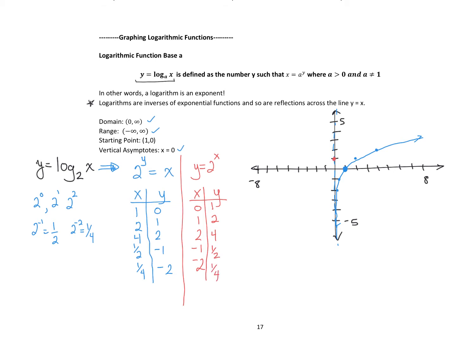So (0, 1), (1, 2), (2, 4), (-1, 1/2), and (-2, 1/4), and we have this exponential function, y equals 2 to the x. What you should notice when you look at the set of ordered pairs is that all we've done is switch the x and y coordinates, and in fact these are reflections over the line y equals x.